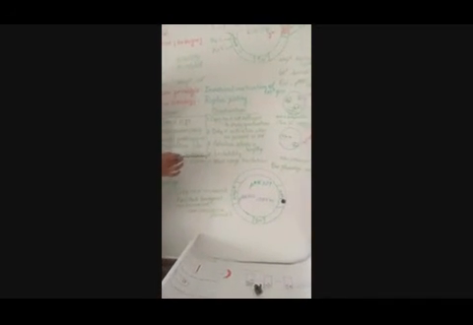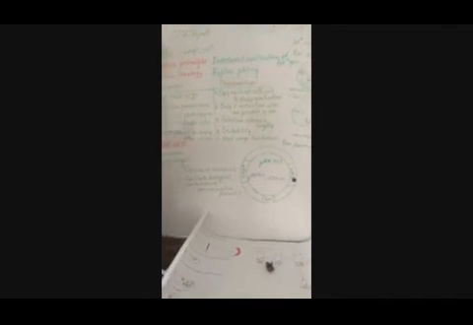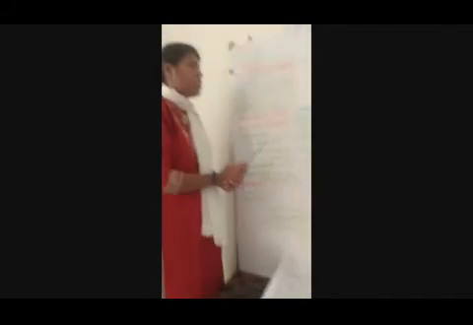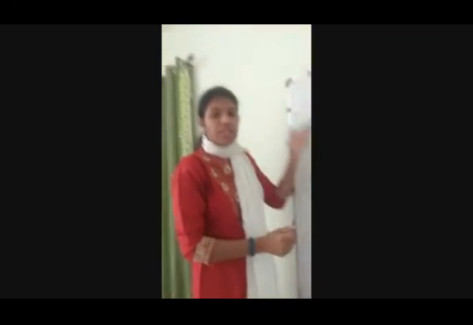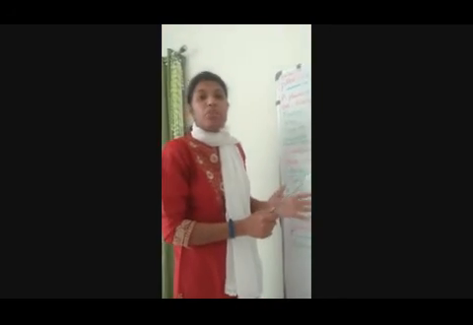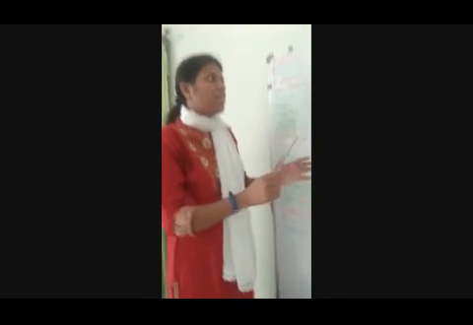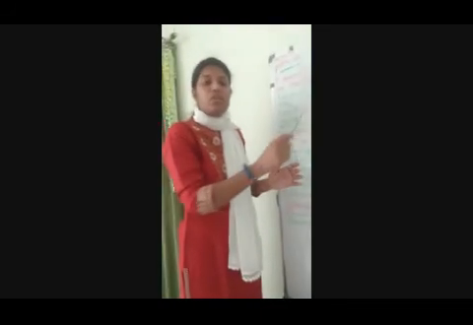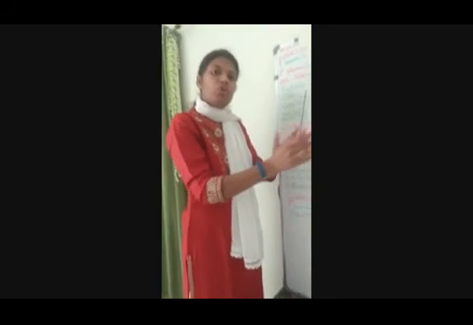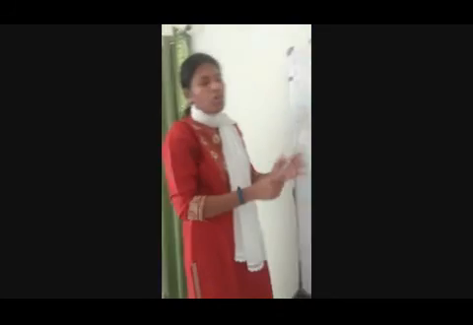Then segregational instability. This point is very important. What do you mean by segregational instability? In the previous slide you have seen that many recombinant DNA molecules are there in a particular cell. Whenever the cell goes for division, both progeny cells get one copy of the main host chromosome.